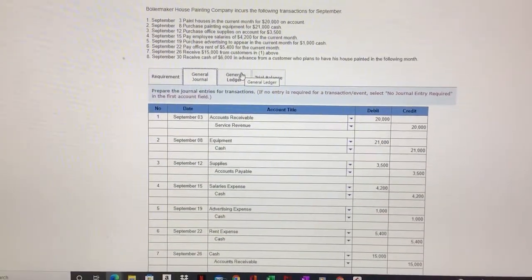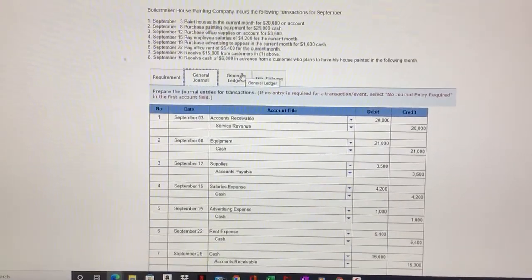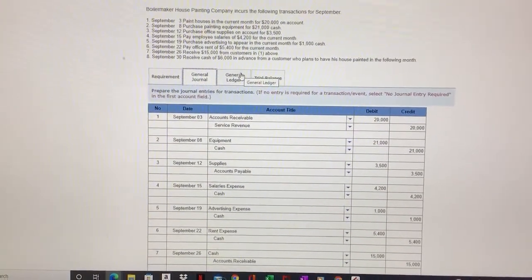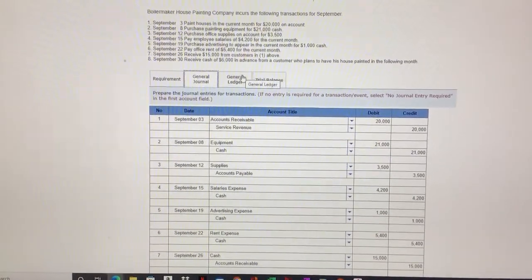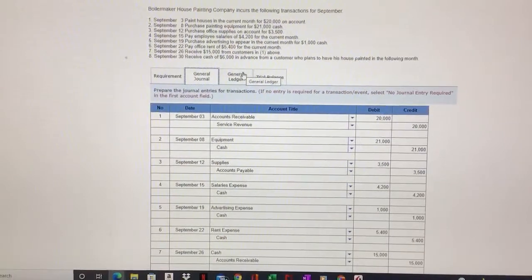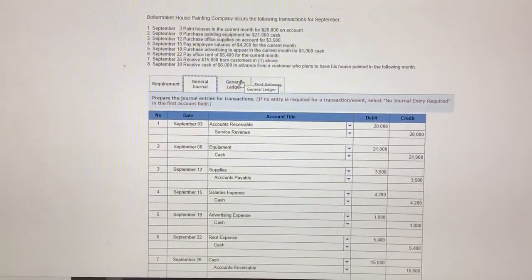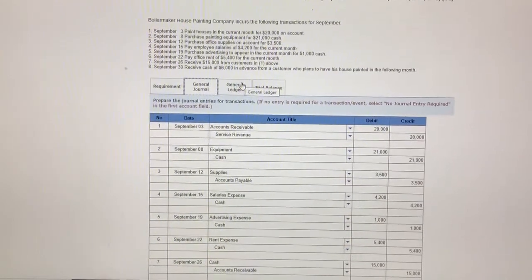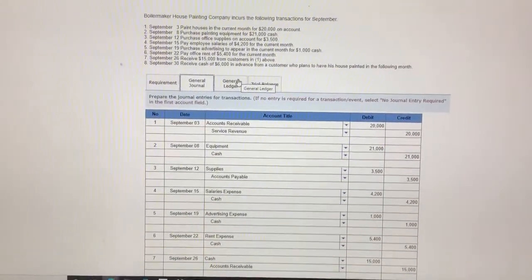So when they go back and record them, they're going to debit accounts receivable $20,000 and credit service revenue for $20,000. On September 8th, they purchased painting equipment for $21,000. And here we have one asset going up, equipment, with a debit, and one asset going down, cash, for $21,000.